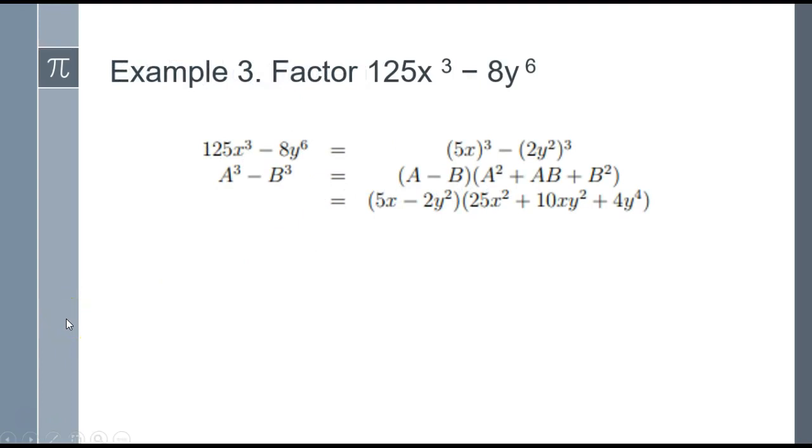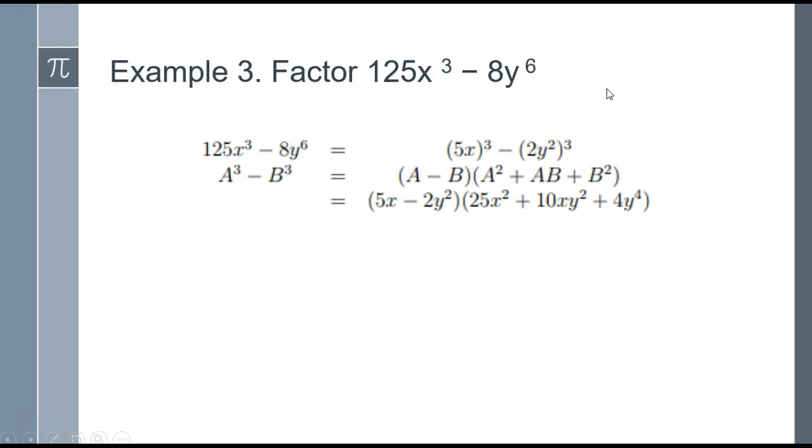So here's one where our variables don't both have cubed. This is clearly x cubed comes from cubing x, and 125 is 5 cubed. But I have y to the 6th. I don't know how much you've thought about this lately, but when you do y squared cubed, you're writing down y squared times y squared times y squared.